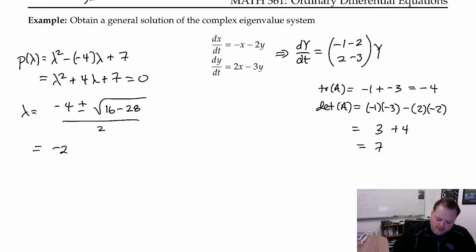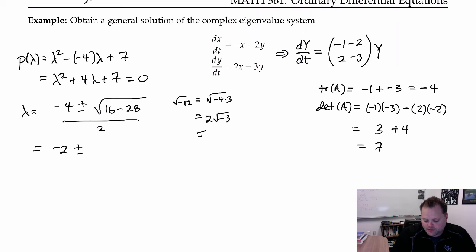So this is -2 plus or minus. So let's see, 16 minus 28, that would be the square root of -12, but the square root of -12 is the square root of -4 times 3, which is 2 square root -3, which is 2 times square root 3i.